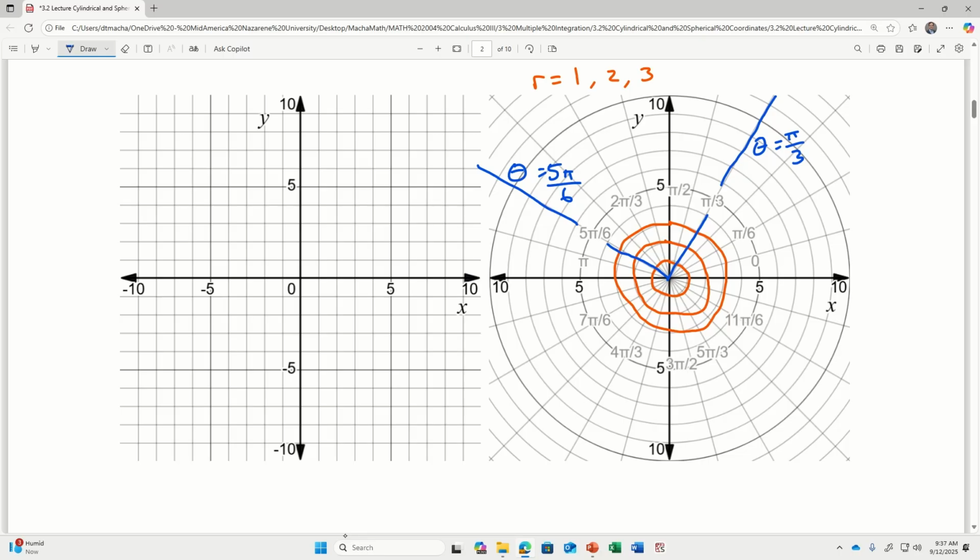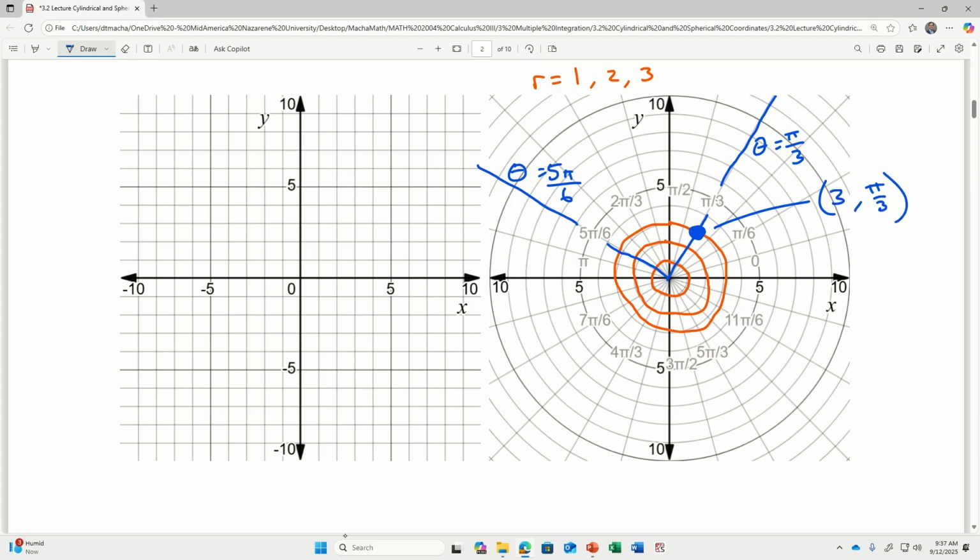One other thing I should say about polar coordinates is that these aren't unique, really. Like if I say I have an r of 3 and a theta of pi thirds, that's a point right there, okay? That's r of 3, theta of pi thirds.